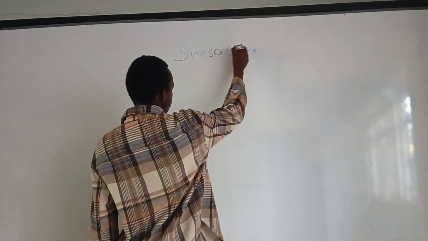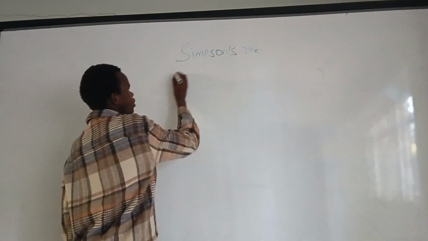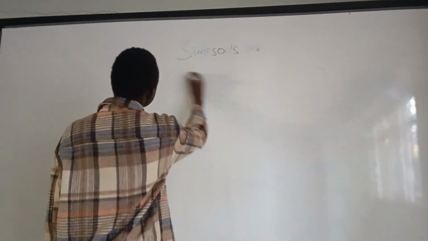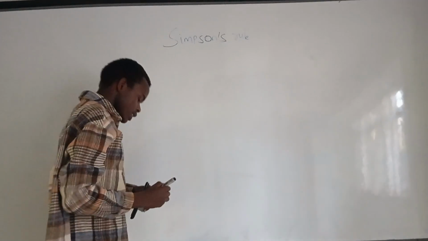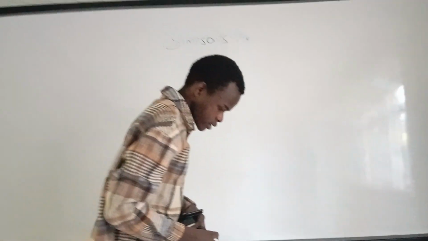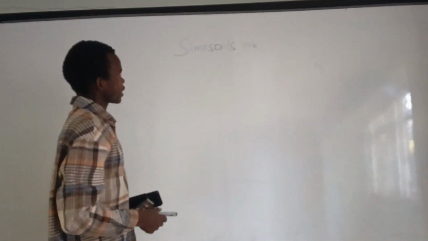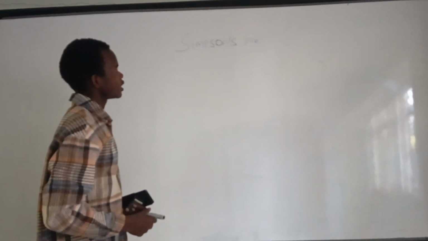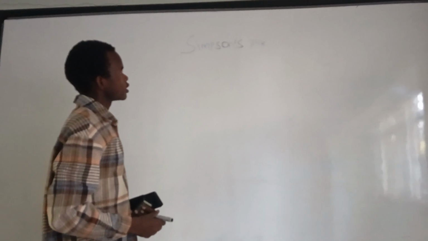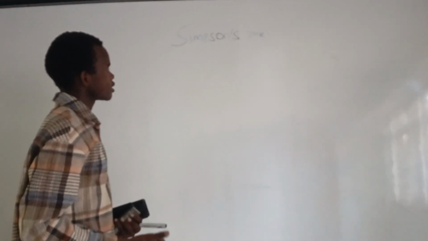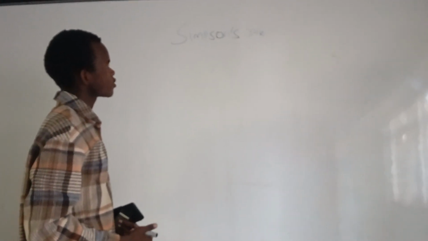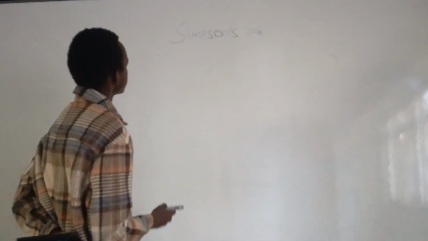So I'll just write the formula. Simpson derived a formula for calculating the area of curves. We can derive it, but for time and easiness, we just write the formula, show how to maneuver through the formula, and we'll be cool.